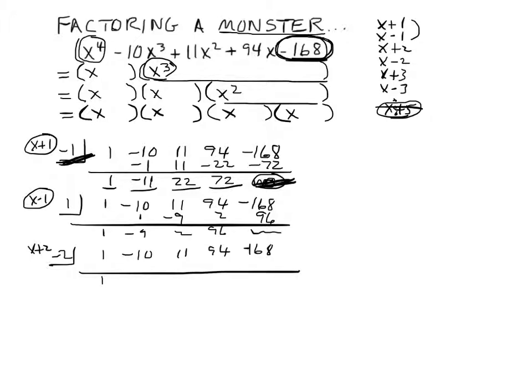Bring down the 1, minus 2, minus 12, positive 24, 35, minus 70, 24, minus 48, will not give me a 0. So the first 3 binomials here don't work, but the next one, x minus 2, should work.